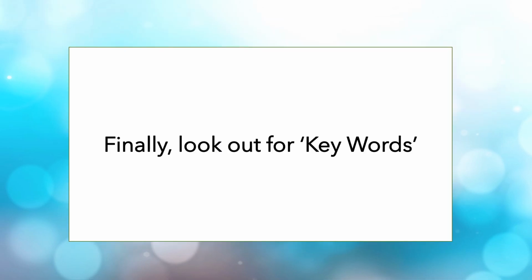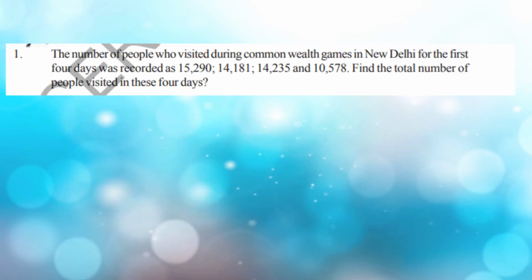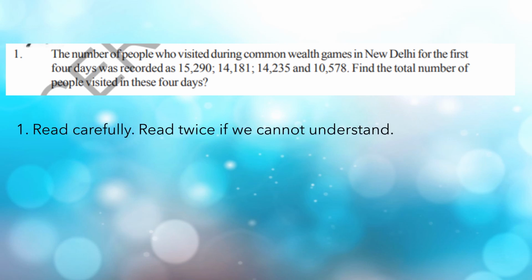Finally, we will look out for keywords when we are solving word problems. So what are keywords? Let's look at the first problem again, where we have to find out the total number of people who visited the Commonwealth Games in 4 days. We already did the first step, read the statement carefully. Then we will read it twice if we cannot understand.